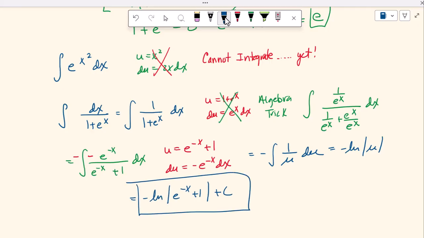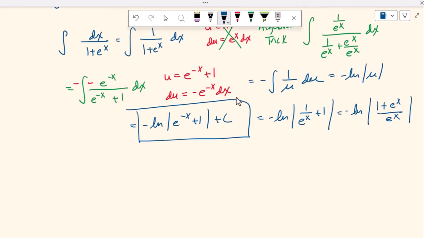There's my solution. But I see a negative exponent, so I feel compelled to simplify this a little bit more. It's not required. So e to the negative x is 1 over e to the x, plus 1. Find a common denominator of e to the x over e to the x. And then, this is fun. I'm glad we did this. Okay, so now this negative that's out front, I'll rewrite this real quick, all over e to the x.